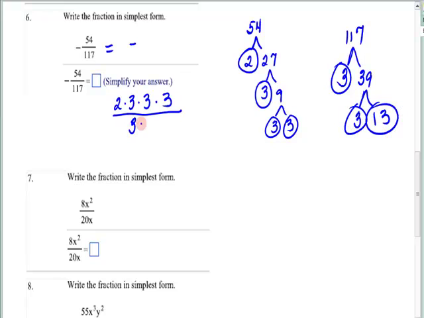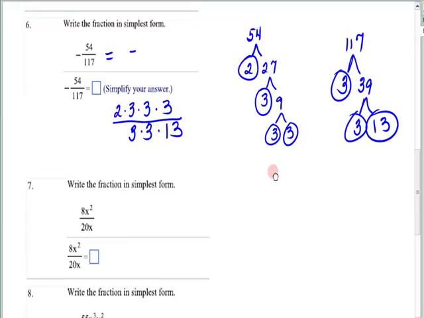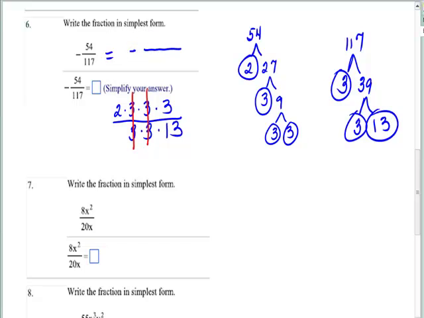So the denominator is 3 times 3 times 13. Dividing out the common 3 and the other common 3, what do I have? I'm back up here with my negative sign. I have 2 times 3 is 6, and I have a 13 left in the bottom. When I divide these out, many times I forget to write it, but there are little ones left behind. But multiplication by 1 is the identity, and it doesn't change anything.